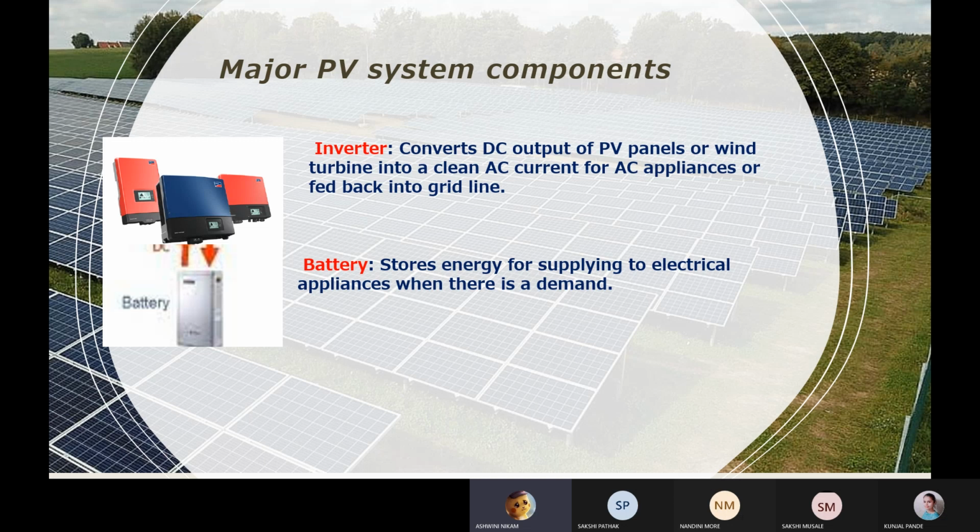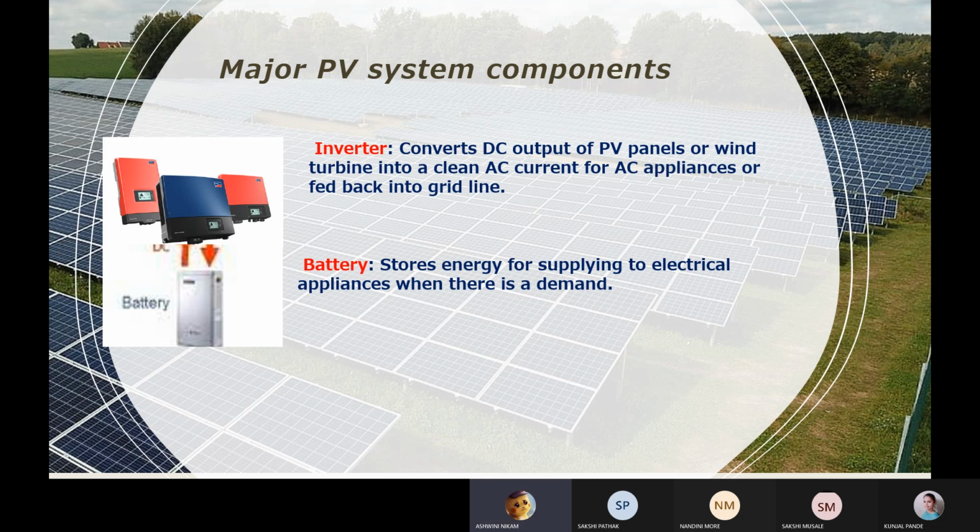So to convert this DC current into AC, we use an appliance known as an inverter. Inverter converts the DC output of PV panels or wind turbine into clean AC current for AC appliances or to be fed back into the grid line.